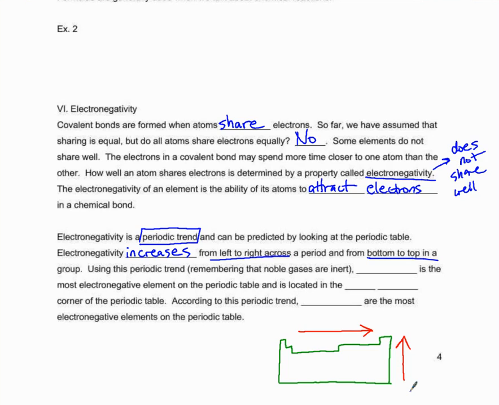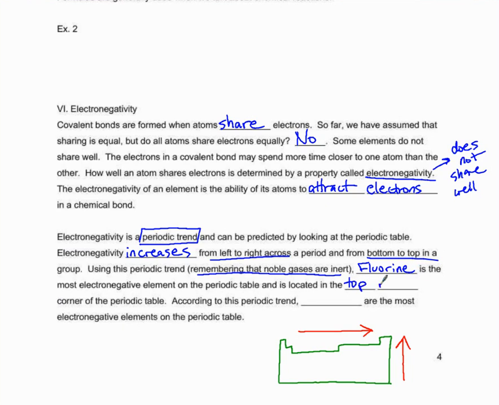And remembering that noble gases are inert, which means they don't react, they don't share electrons. What is our most electronegative element? And that would be right here, the top right corner, that is not noble gases. And this is fluorine. Fluorine is the most electronegative element on the periodic table.